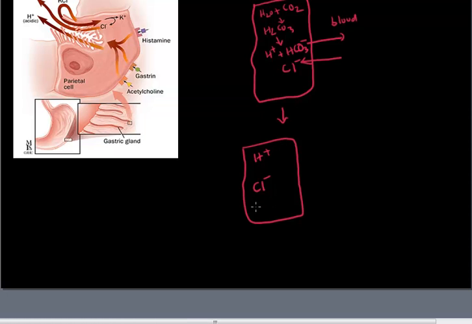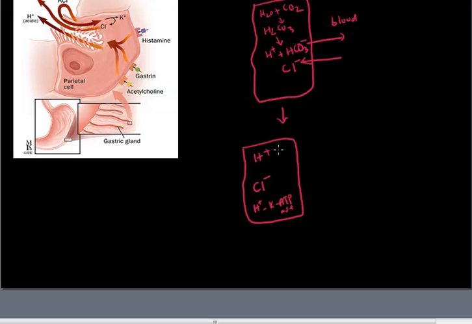Now what happens in the next step is, you have an enzyme system, H plus potassium ATPase. So this enzyme system, this is how it works.